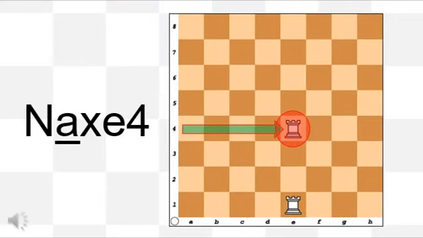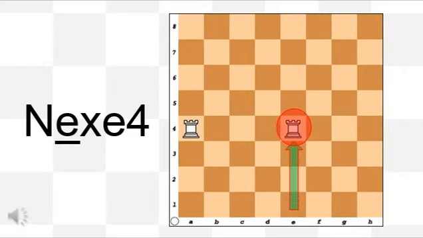So if the knight that starts at A4 captures the piece, the notation would be capital N, and then A, because that's the file where the knight was coming from, and then X E4, which is the destination. If the knight that was on E1 captures the piece, the notation would be capital N, and then E, because it is in file E, X E4.